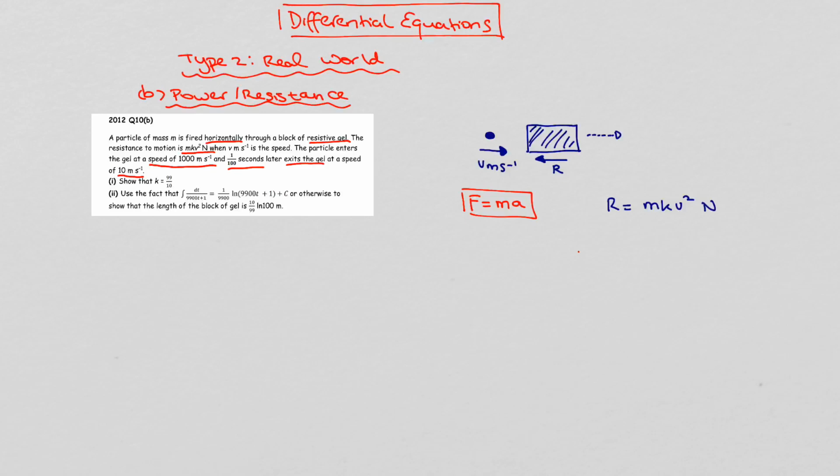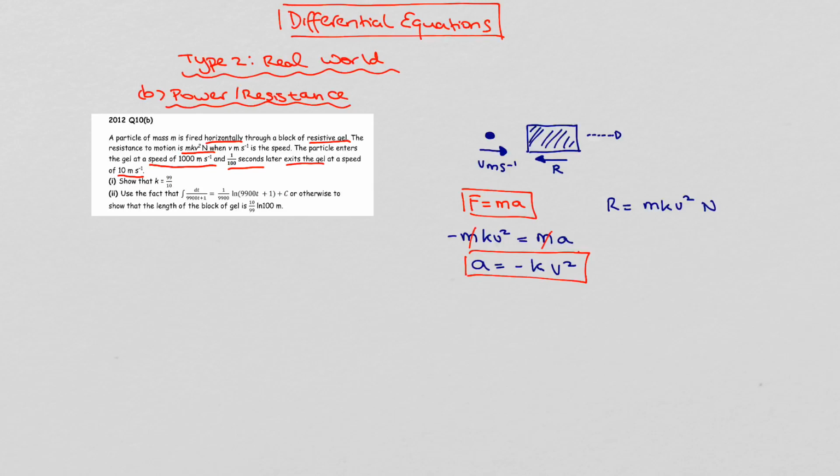But of course, because it's in the opposing direction to which the particle is moving, we must give that a negative sign. A bit like retardation or deceleration will have a negative sign. Okay, and that would be equal to ma. So of course then our mass is going to cancel, and that gives us that the acceleration is equal to minus kv squared.